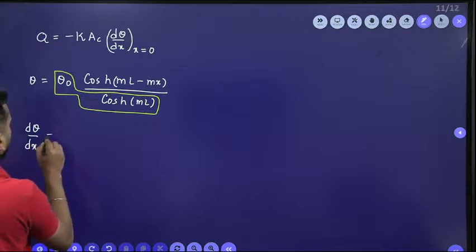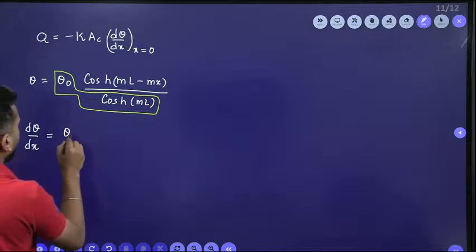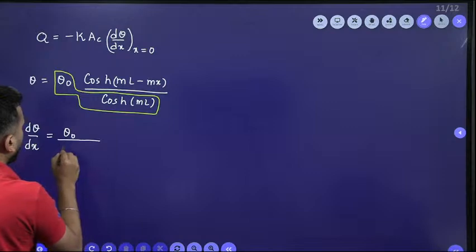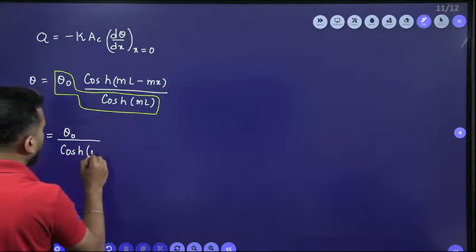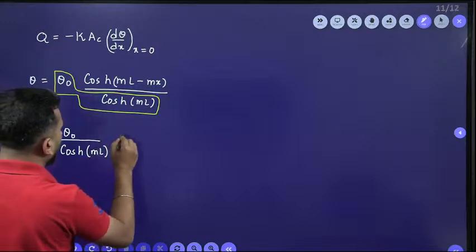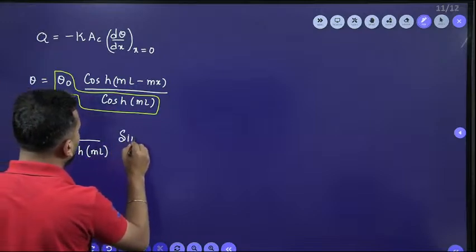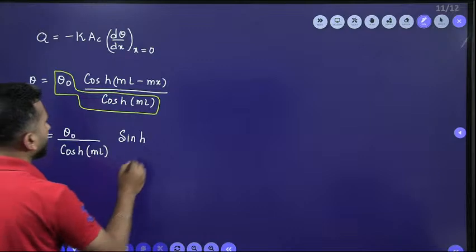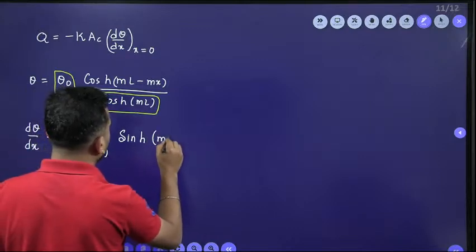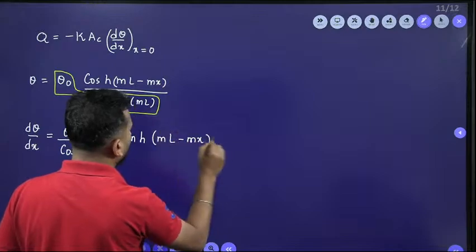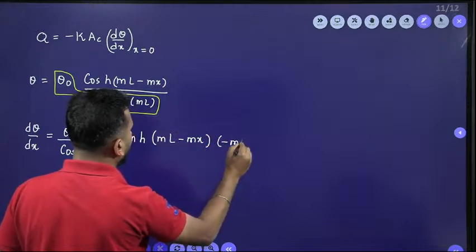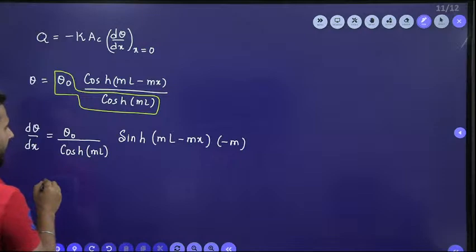So d theta by dx is theta naught by cos h ml, now cos becomes sin h m(L minus x), and by chain rule it will be minus m. So it will be minus m theta naught.